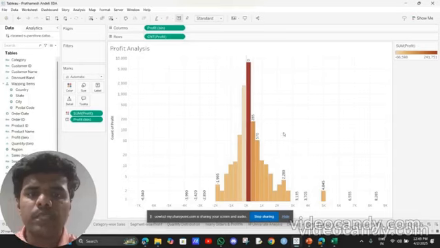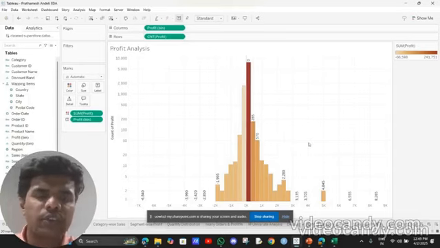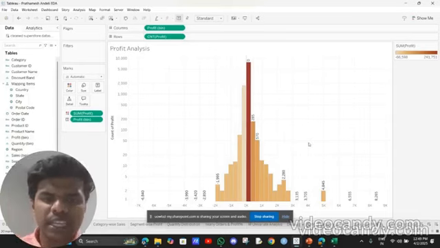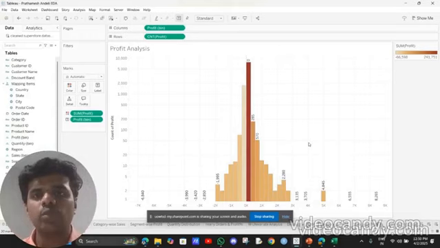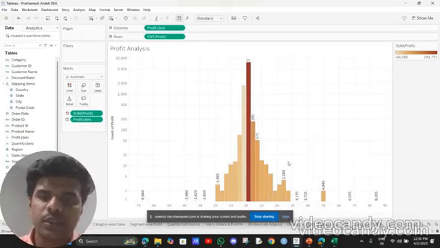This plot is showing most of the transactions are giving very little profit, which means that most of the retail transactions are at the break-even stage, no profit, no loss. So that was the initial plot.